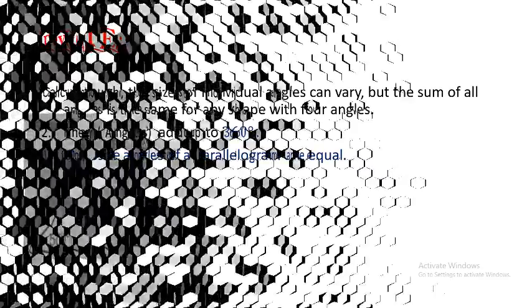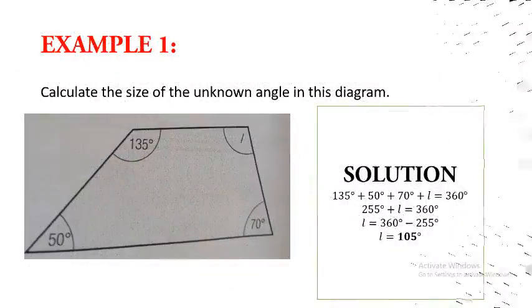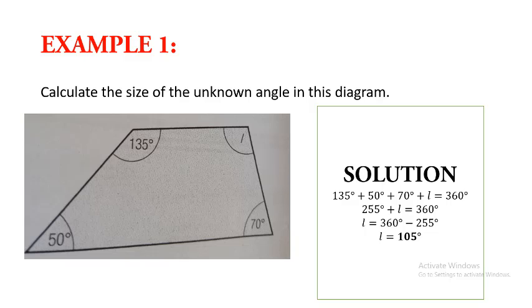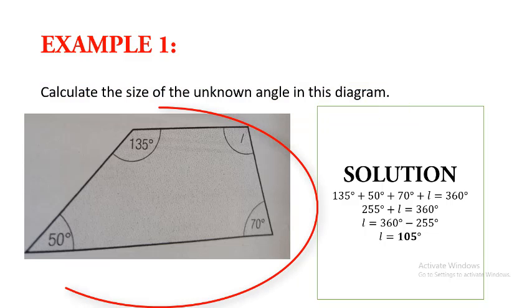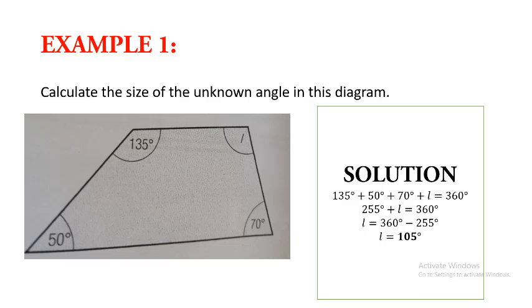Now, we have example 1. The example says, calculate the size of the unknown angle in this diagram. So let us look at the diagram. We have a trapezium. A trapezium has four angles. So the first one, we have angle 135 degrees.